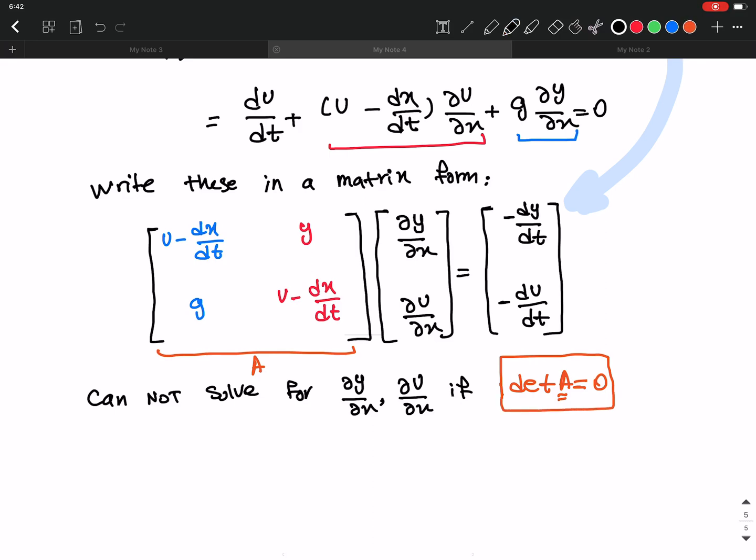And this is the condition that defines the characteristic waves.